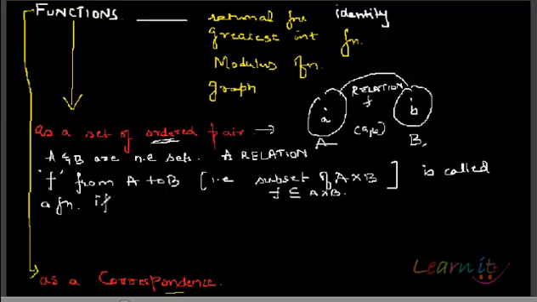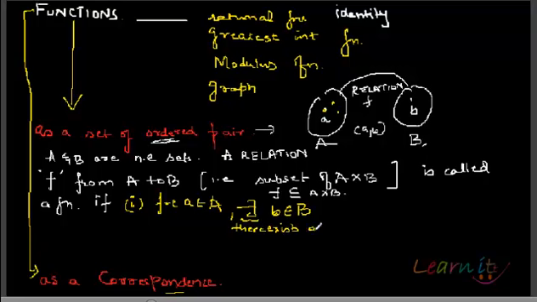These two properties are related to the elements of A and B. The first one says that for each and every element a in the input set A, there exists b belonging to the set B. Now, there exists means that there should exist at least one.